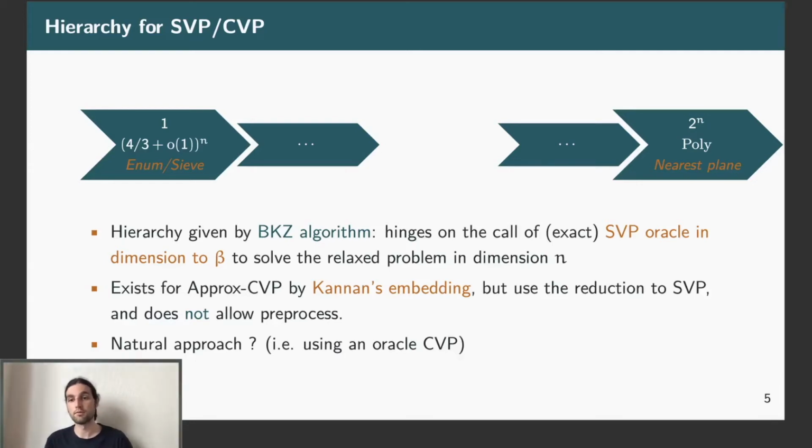On the other hand, we have an equivalent of the LLL algorithm, which is the nearest plane algorithm of Babai, which solves the closest vector problem with exponential approximation factor. But in the middle, we don't have anything which uses CVP oracles in smaller dimension. And this is exactly where we want to fit our algorithm.